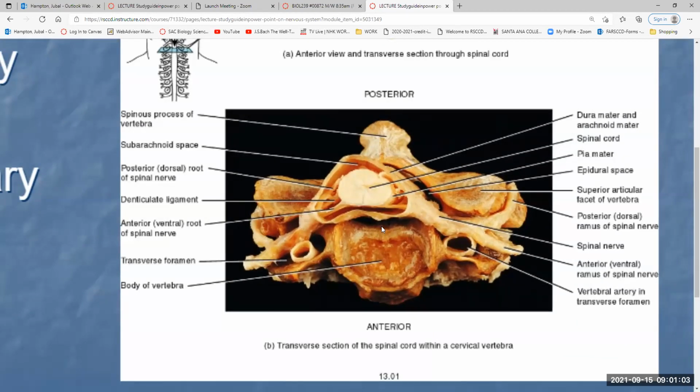itself. Here's the body of the vertebra, and here's the spinous process. The lamina here is not indicated on this diagram, but that's the lamina of vertebra.